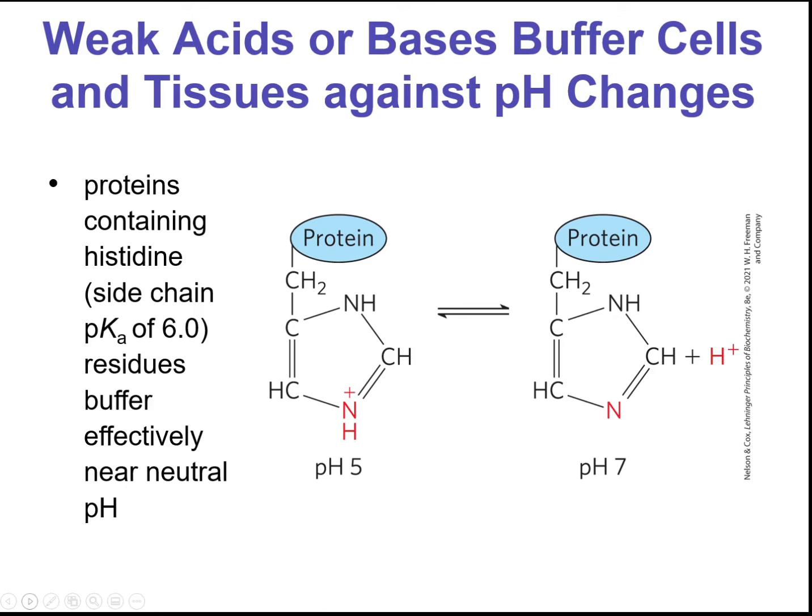The side chain has a pKa of about 6. So that means when the pH is lower than that, you're going to have a proton. When it's higher, it's going to be deprotonated. So it buffers effectively around the same pH that your blood and tissues are at, about 7. So you've got all of these different little ways that your body protects against changes in pH.